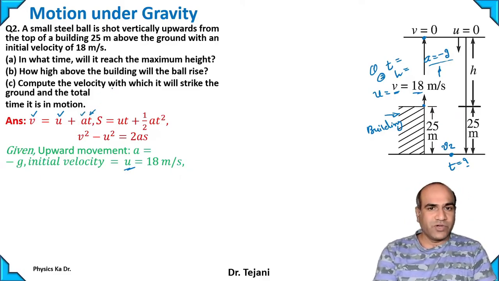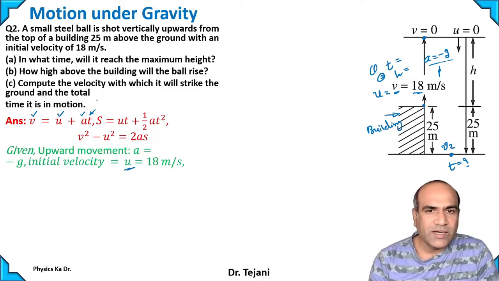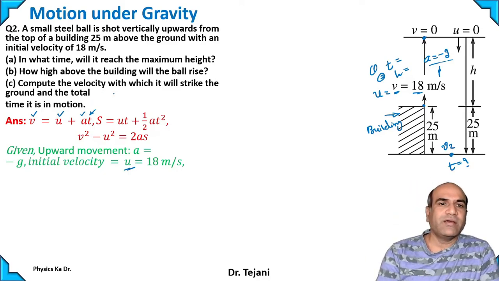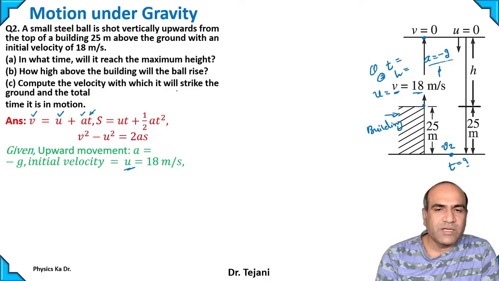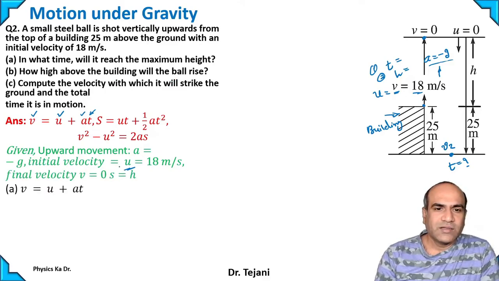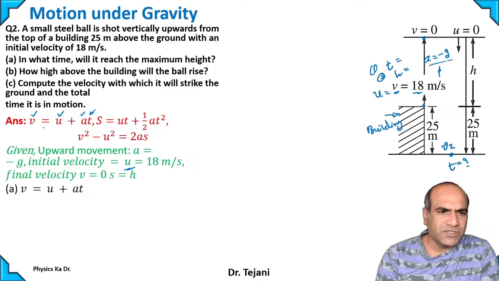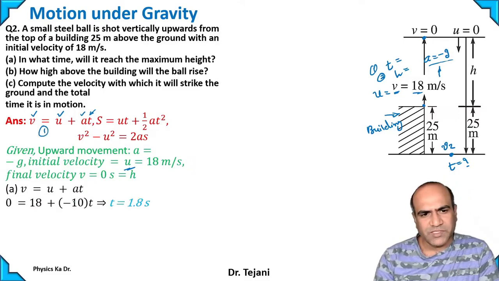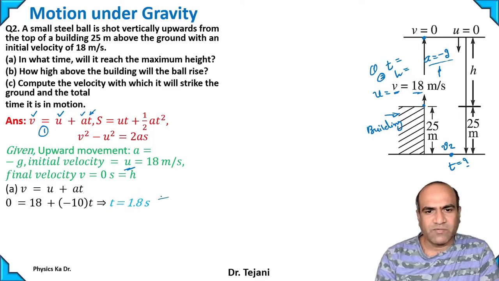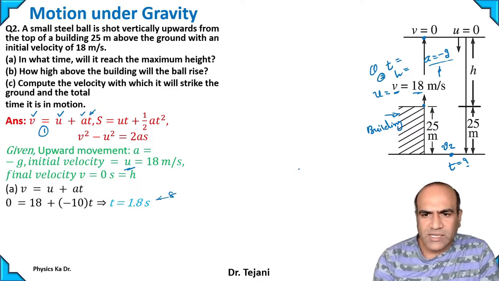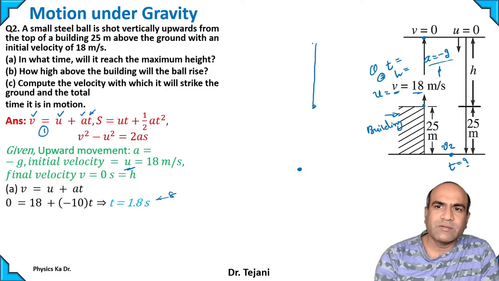So we can find t, as well as how high above the building the ball will rise. So we use the first equation, put the values here, and the time becomes 1.8 second. So the ball starts from the top of the building, reaches its maximum height, and takes t equal to 1.8 second.